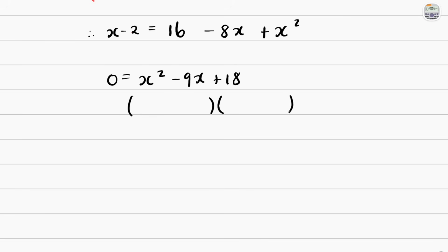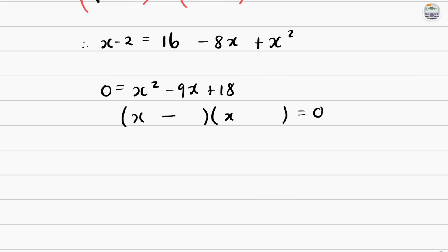So open up 2 brackets, equate it to 0, x multiplied by x is x squared, and then factors of 18 that can give us 9. We can say negative 3 and negative 6. Notice they're both negative because negative 3 times negative 6 give us positive 18, but negative 3 minus 6 give us negative 9. And so x is either equal to 3 or x is equal to 6.